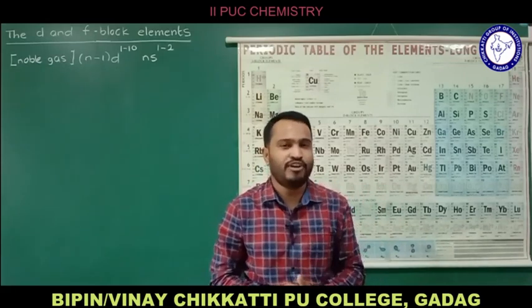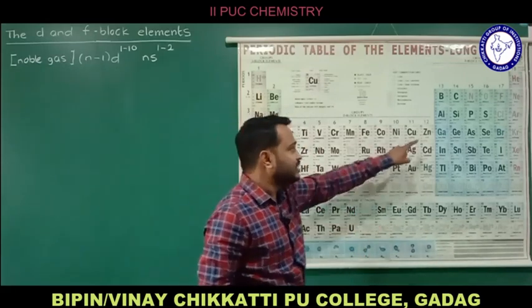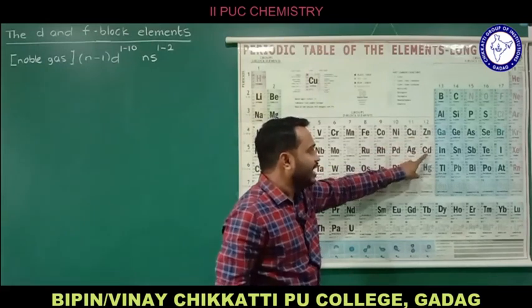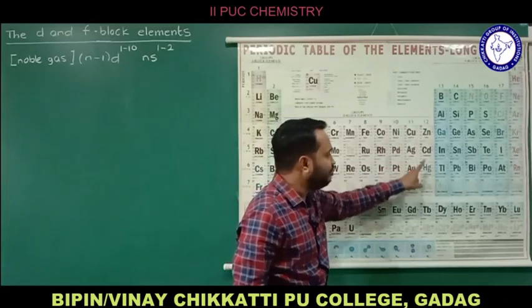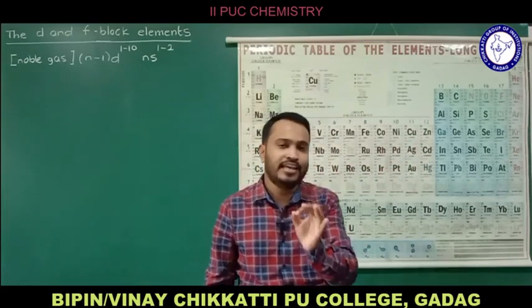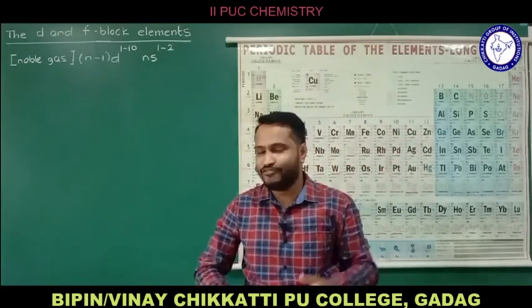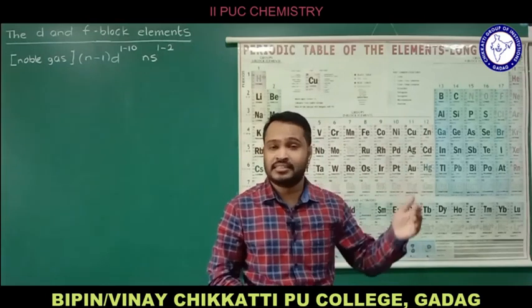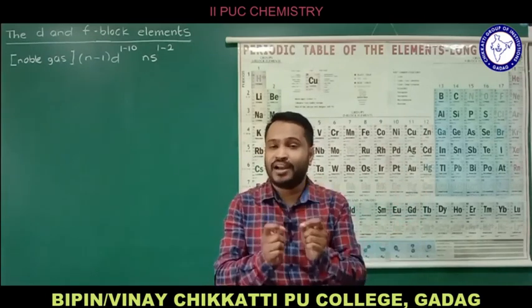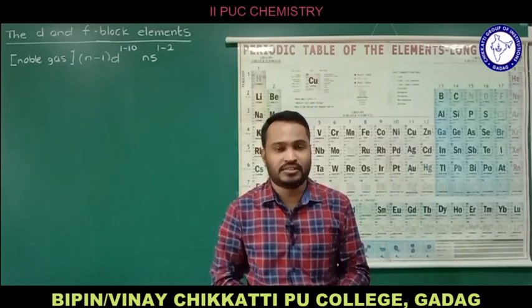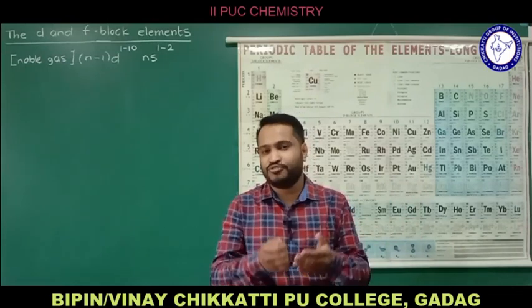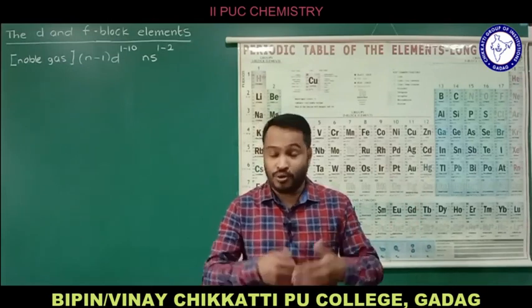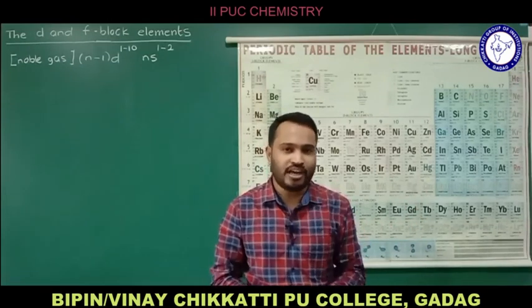Since the atomic number of zinc is 30, cadmium is 48 and mercury is 80, zinc, cadmium and mercury contain completely filled d atomic orbitals. I repeat, these three elements have completely filled d atomic orbitals. Therefore these three elements are not considered d block elements.